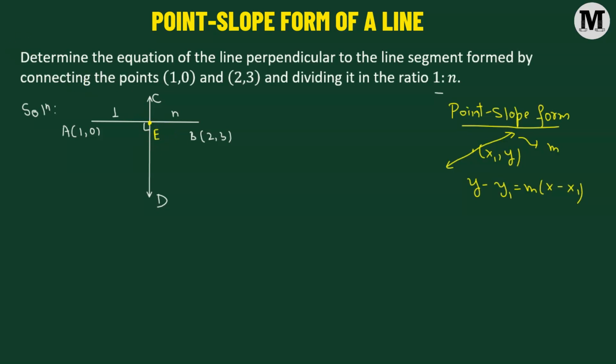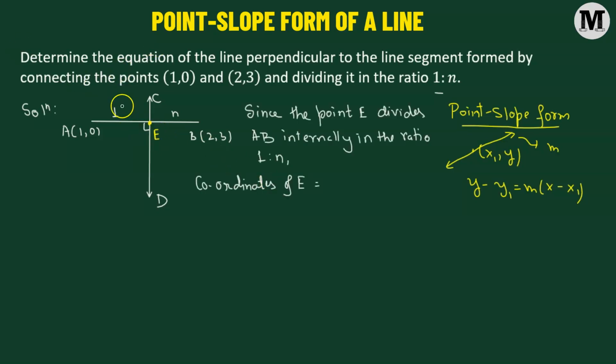So all we have to do is take 1 and multiply it with B, and then n will get multiplied with A. This means that if we want to find out the x coordinate of point E, we will be taking 1 and multiply it with the x coordinate of point B. So that's 2. And then add it to n times the x coordinate of point A, which is simply 1.